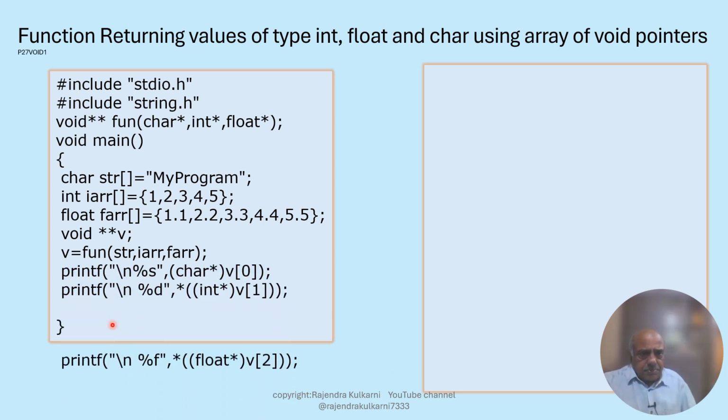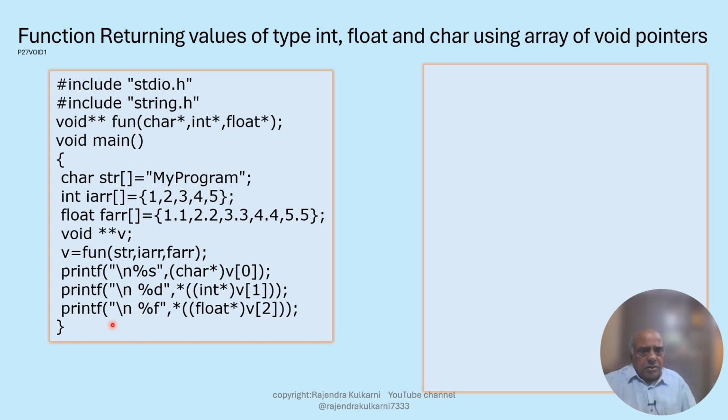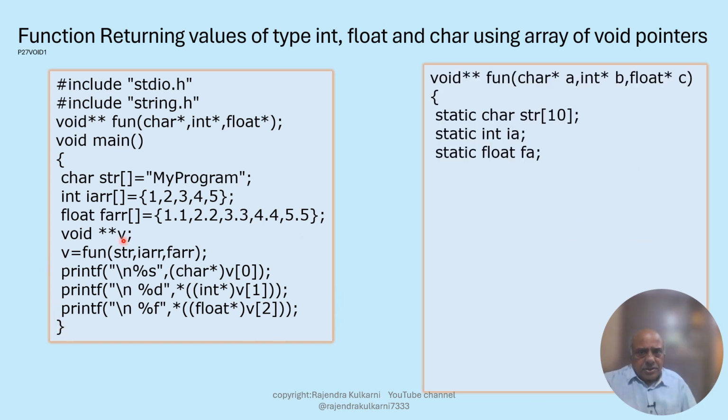Then in these three printf statements, we are accessing the values of char, int and float using the pointer v. How this works, we will see later on. First we will see how the function is defined.